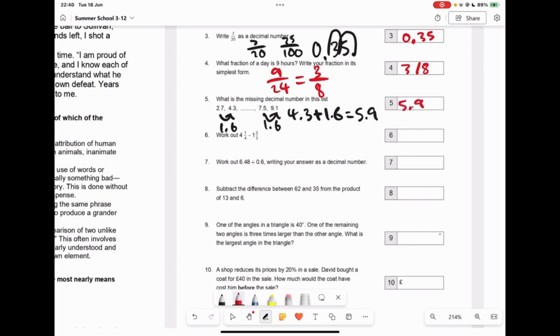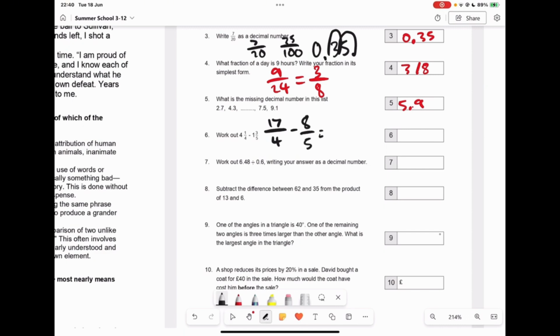So then we're doing 4 1/4 minus 1 3/5. So 4 1/4, and we're going to put it as a top-heavy fraction. So that's equivalent to 16 plus 1, which is 17 over 4, minus 5 and then 8 over 5.